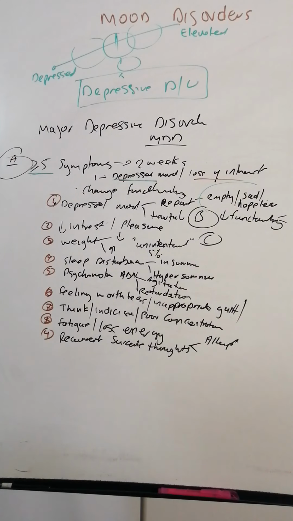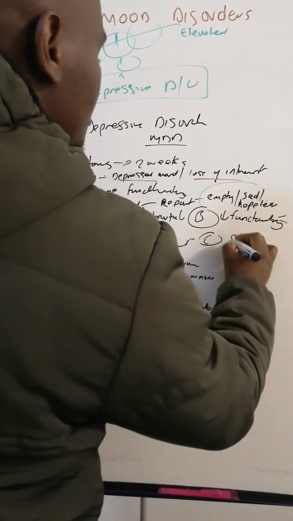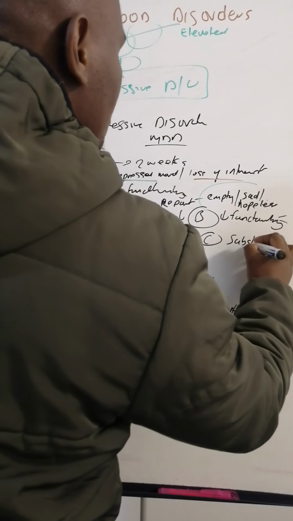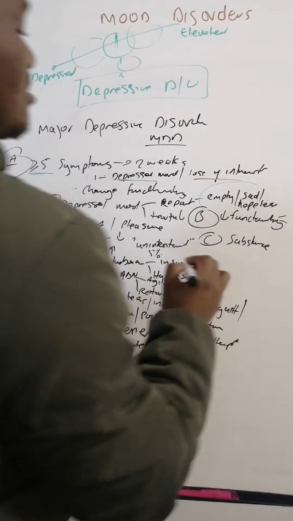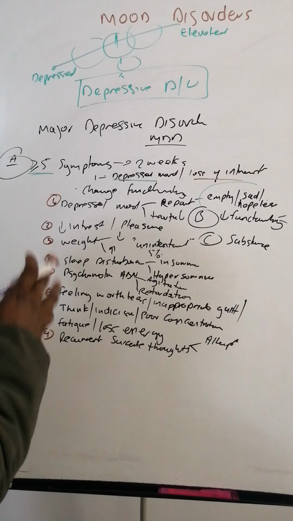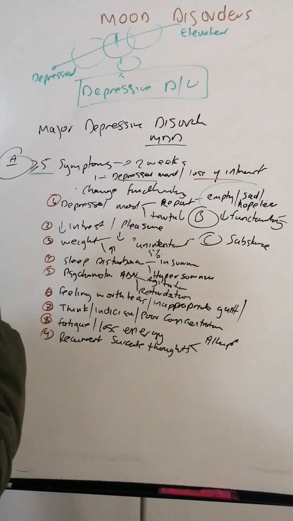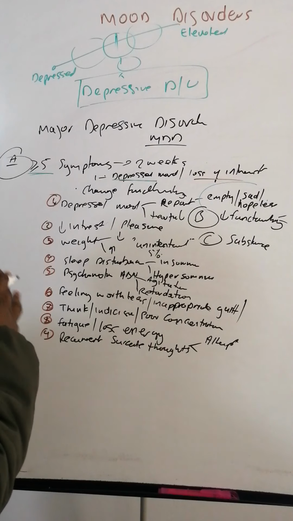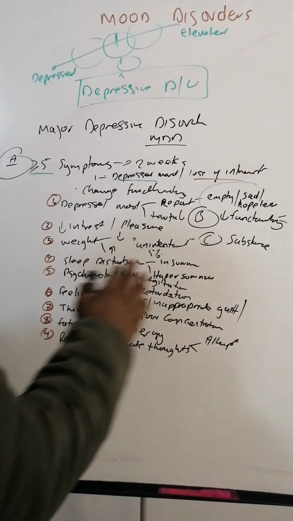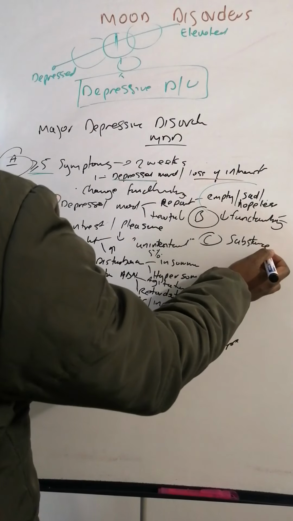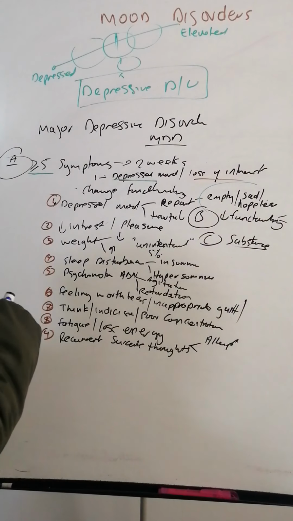And then criteria C. These symptoms must not be due to a substance. That's why whenever a patient has psychiatric symptoms, they always take urine and blood, because you want to see in the urine if they are having any substance that can explain these symptoms.